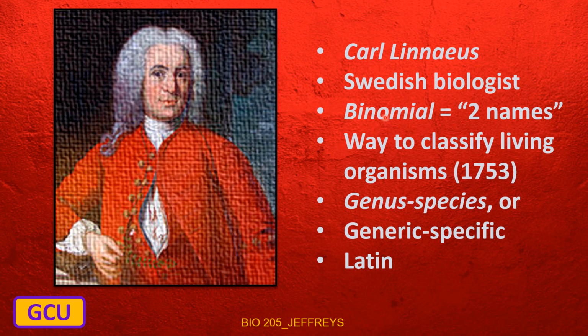Binomial, if you think about it as by two names, will help you remember the classification system. The two names are the genus name and the species name, or the generic and the specific name. Both of these names come from the Latin.